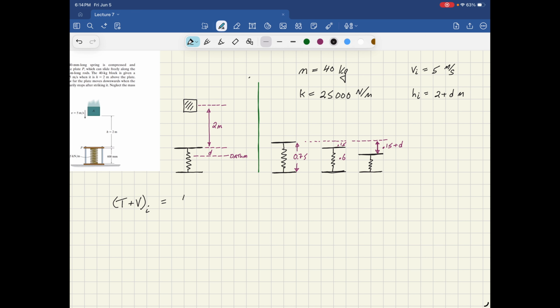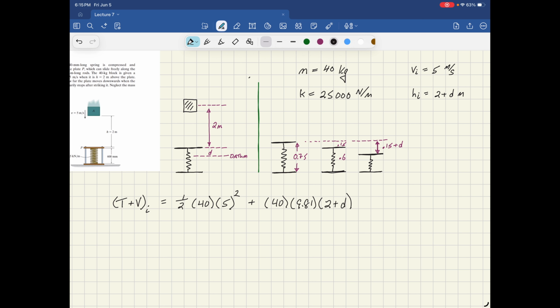So it's going to be 1/2 times mv squared. The mass is 40 kilograms, the speed is 5 meters per second. So 1/2 times 40 times 5 squared. Now, plus, we know its height above the datum, so it's going to be mgh. So 40 times 9.81, and the height above the datum is 2 plus D.